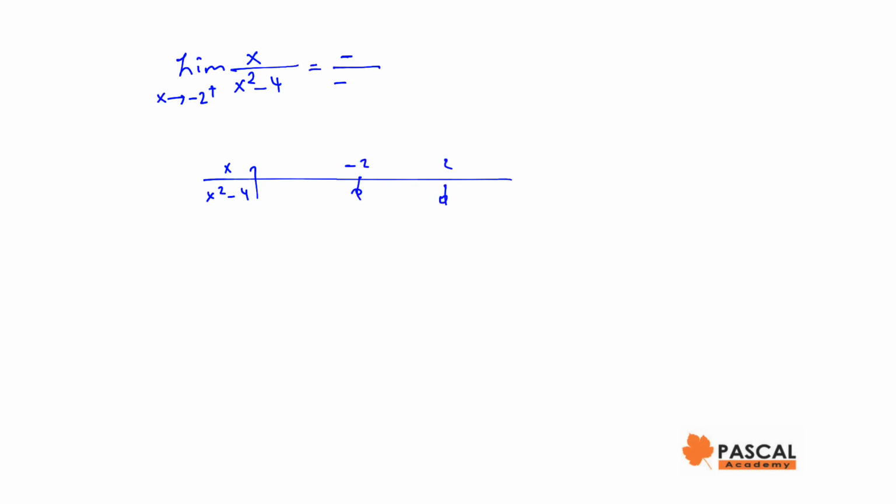Between negative 2 and 2, x² minus 4 is negative. Therefore, when x approaches negative 2 from right side, the denominator is negative and is getting close to 0. The numerator is a number, the denominator is approaching 0, the fraction is infinity, and it is positive simply because numerator and denominator both are negative as x approaches negative 2 from the right side.